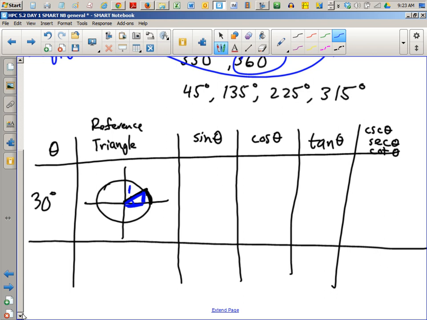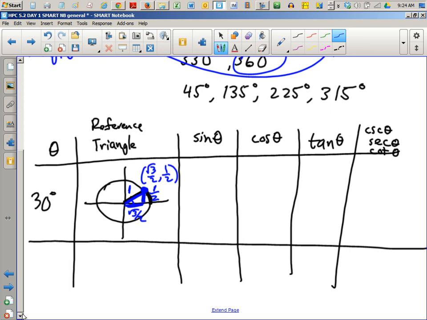And if you follow the rules of the 30, 60, 90 triangle, the shortest leg would have to be half the hypotenuse. This is just basic geometry. It's half the hypotenuse for the shortest leg. And the medium-sized side on the triangle, that's the longer leg, will be that times root 3. So this is root 3 over 2. Remember, that means the coordinates of this point are rad 3 over 2, comma half.